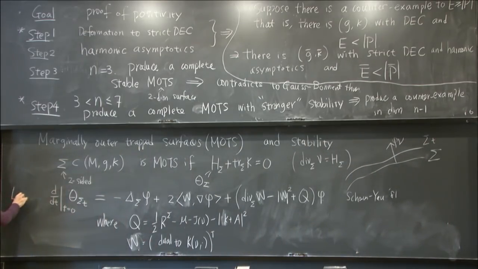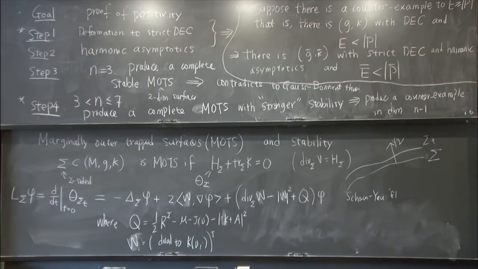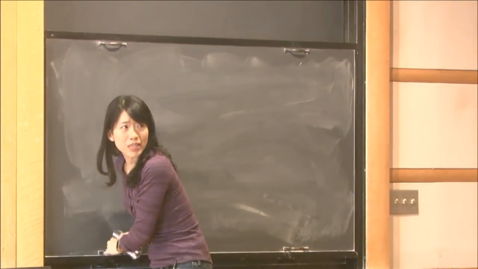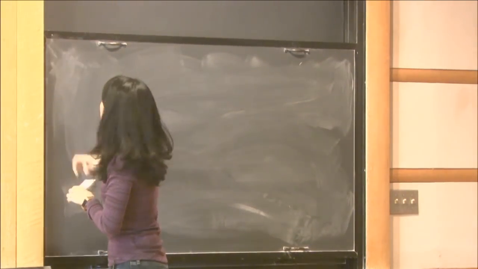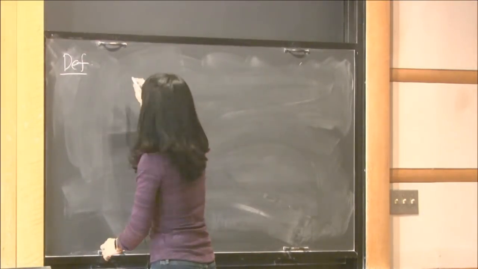So we'll call this operator L, this linear second-order elliptic operator. And the stability of MOTS is being defined using the eigenvalue. The first eigenvalue should be non-negative, as in the usual sense. And that's equivalent to the following definition.